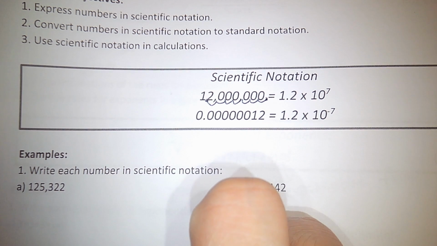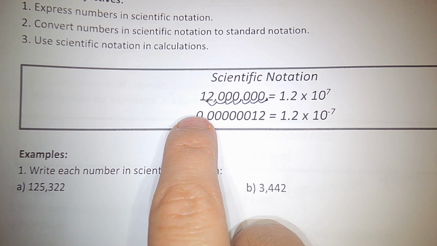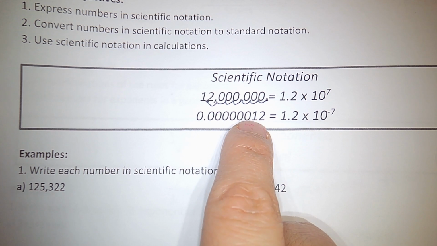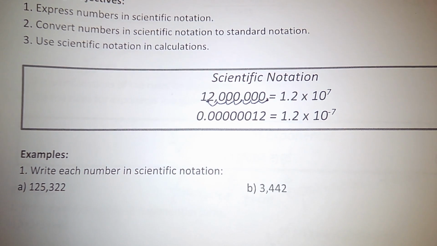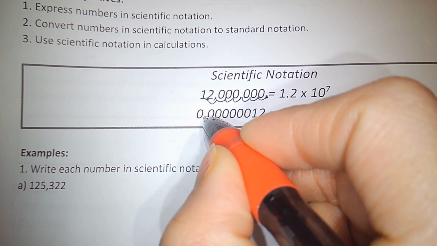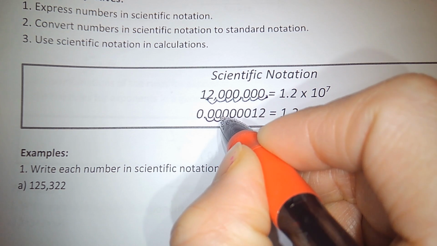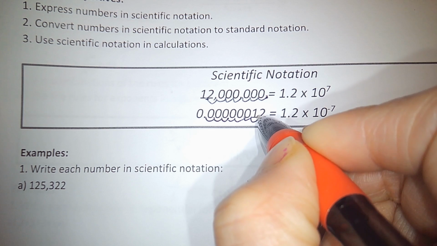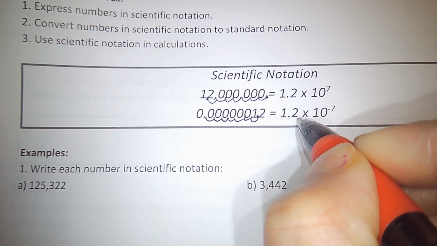Okay, well, if we have a very small number, 0.00000012, in order to get a scientific notation, we move the decimal point to the right for 1, 2, 3, 4, 5, 6, and 7 digits. Okay, we get 1.2.